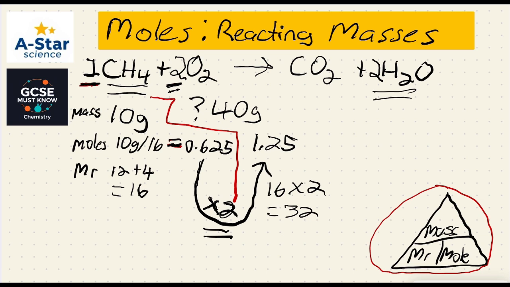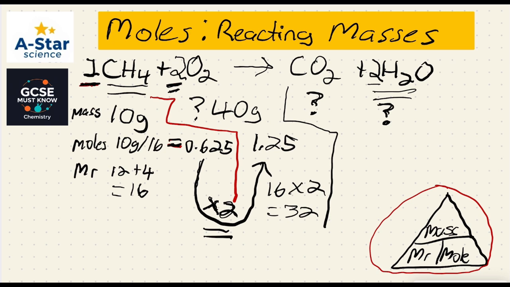This is what I call the table method. And of course, you can use this method to also calculate the mass of carbon dioxide produced and the mass of water that you would produce, remembering to look at the molar ratios.